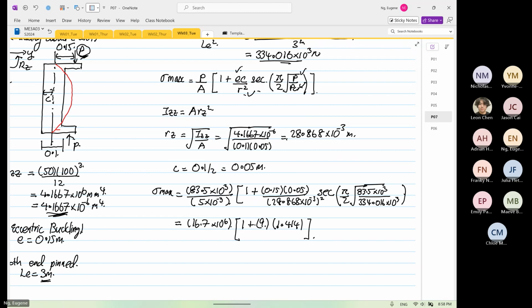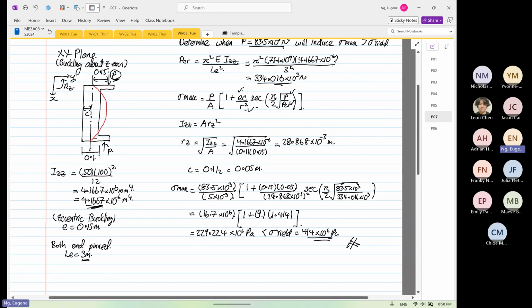So 1.414 times 9 plus 1 times 16.7 power 6 is equal to 229.224 times 10 to the power 6 Pascal, and this is less than our yield stress, which is equal to 414 times 10 to the power 6 Pascal.